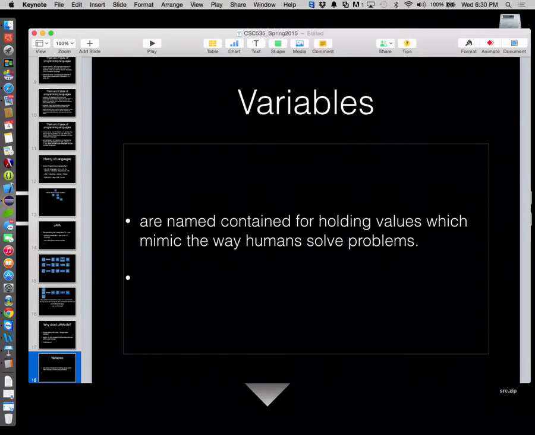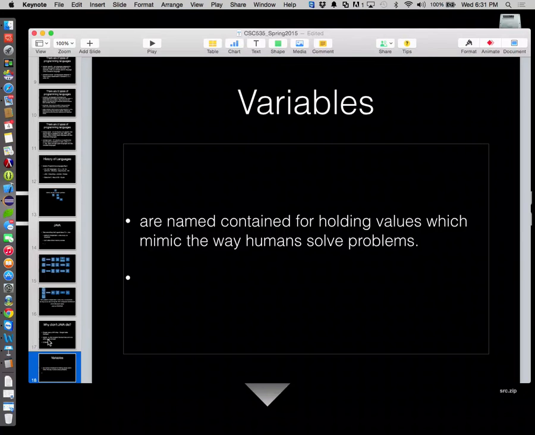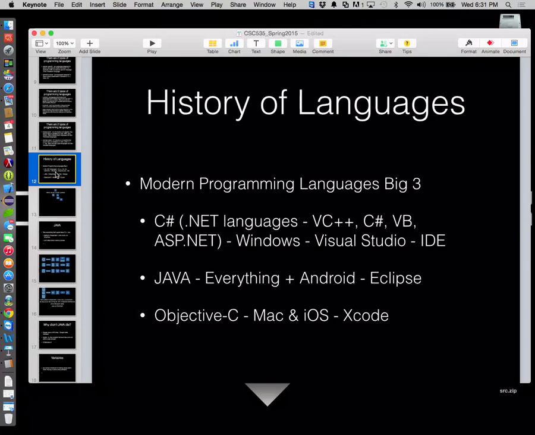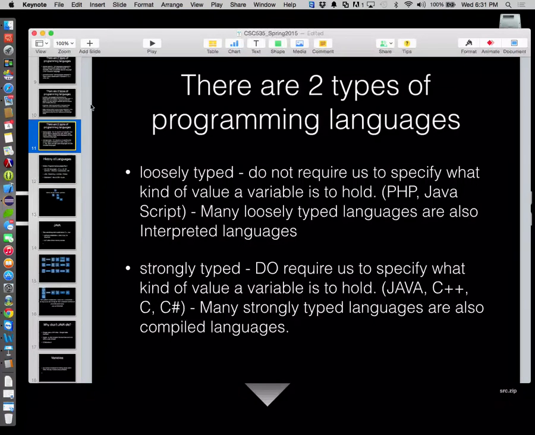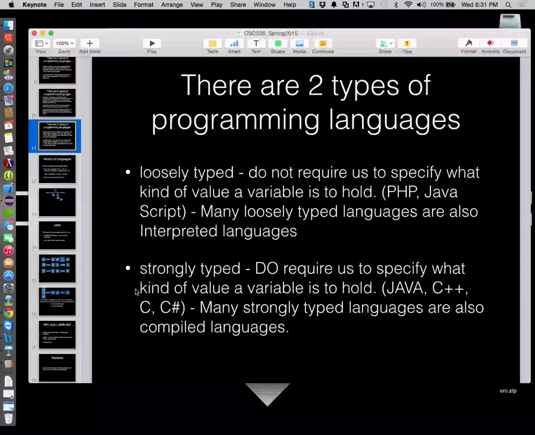Okay? Now, jumping back to that, there are two kinds of programming languages. We have loosely typed and strongly typed languages. Let me start with strongly typed.